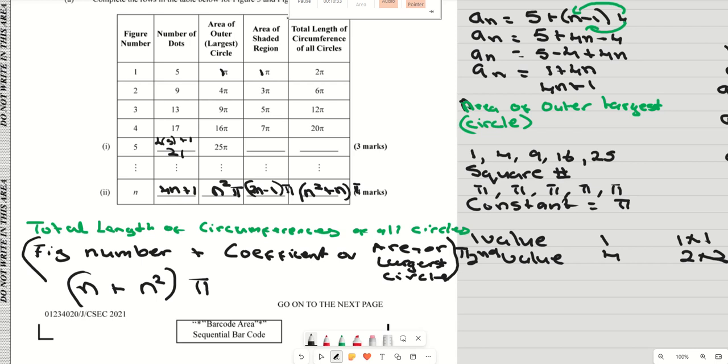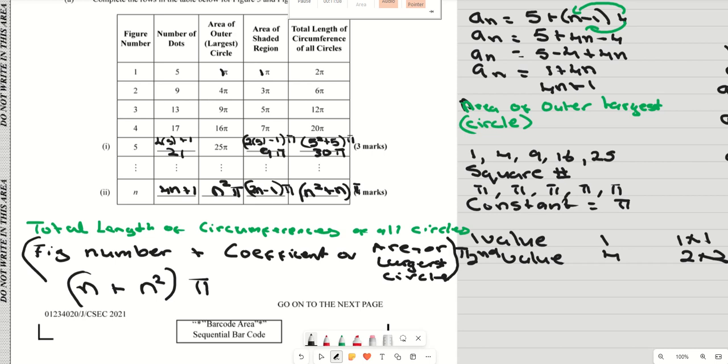Then 2 by 5 minus 1 all by pi, that would be 10 minus 1 is 9 pi. And this one would have been n squared, which is 5 squared plus 5 all by pi. That is 25 plus 5 is 30 pi. And that would be the answer for this one.